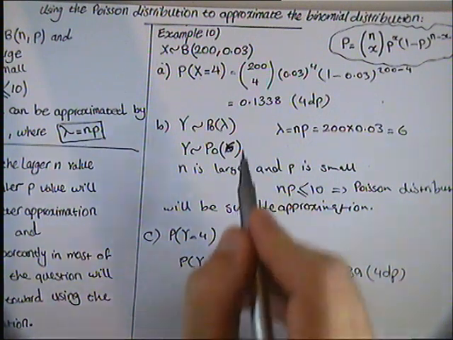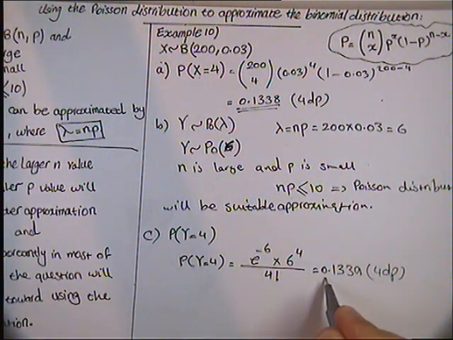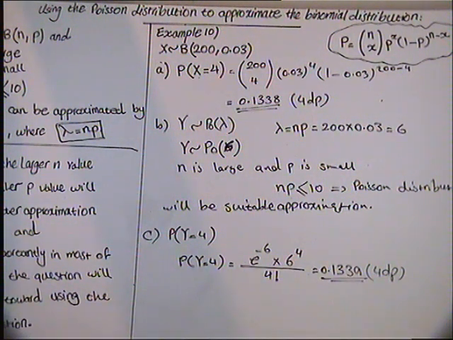We clearly see that this one is 0.1338 and this one is 0.1339. So there is only an extremely small difference between these two values. The answer obtained from the Poisson approximation is very close to the value for the binomial distribution, so the approximation is accurate.